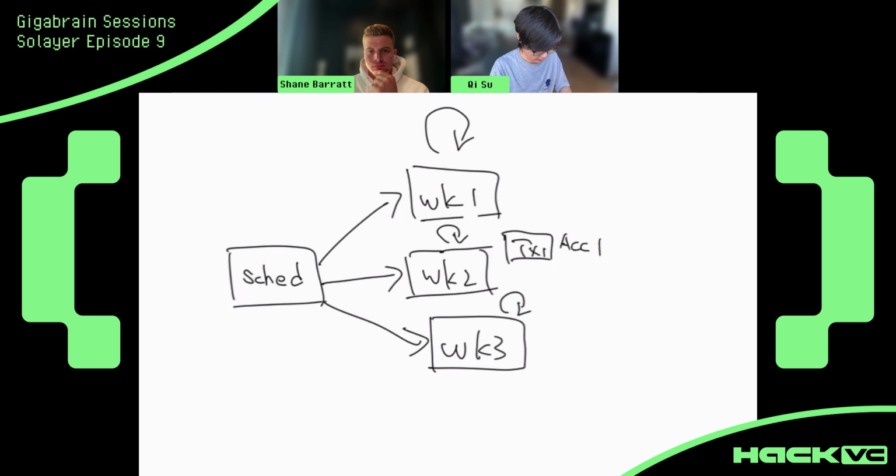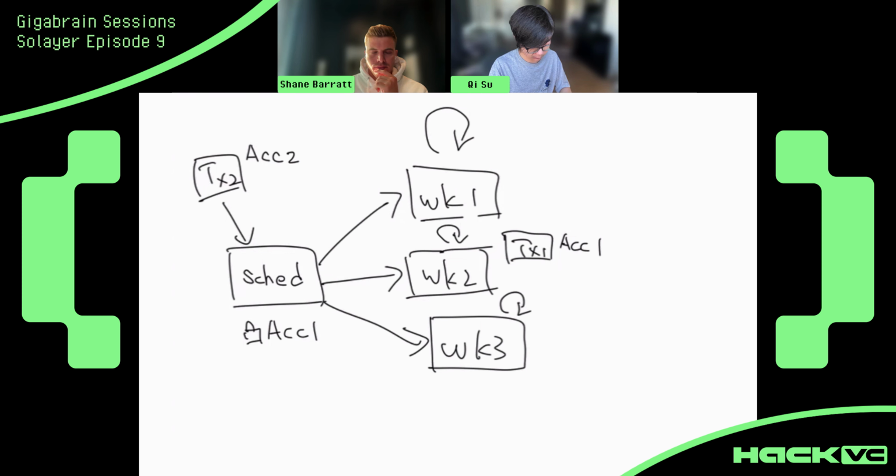Let's call it account 1. So account 1 is now locked, and when the scheduler sees the next transaction, transaction 2, it has metadata saying which accounts it wants to access. Let's say account 2, and the scheduler will see that account 2 is free to use.